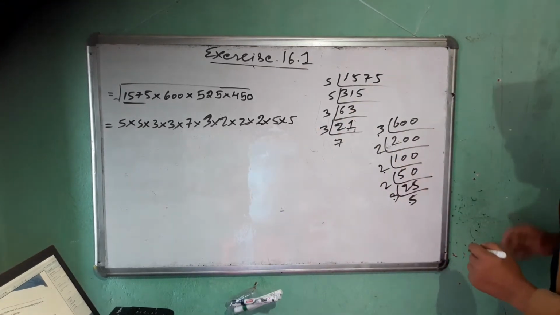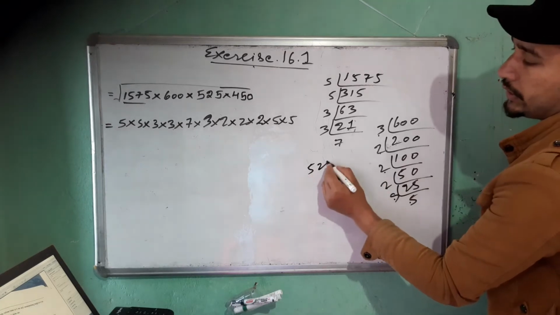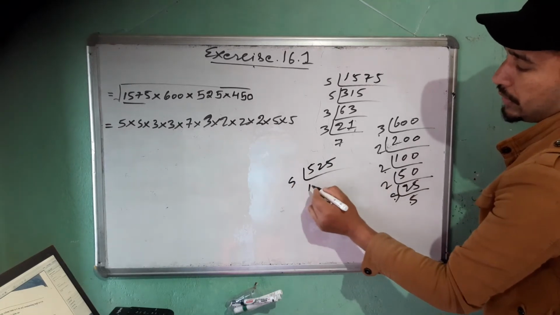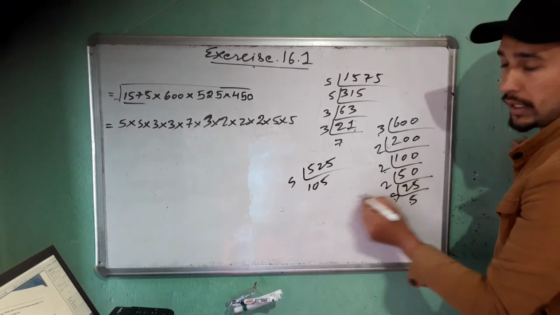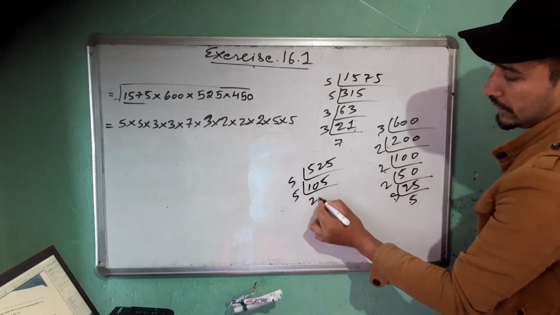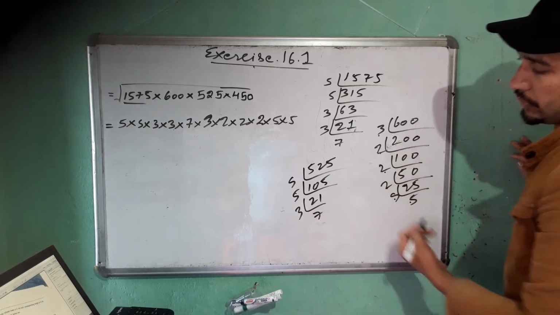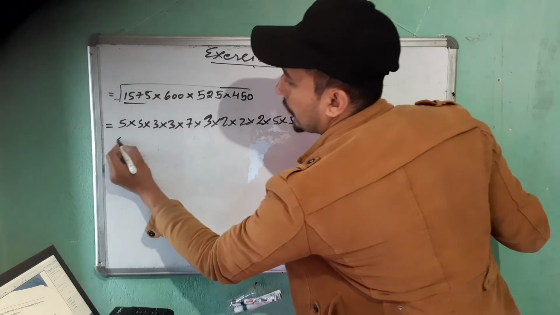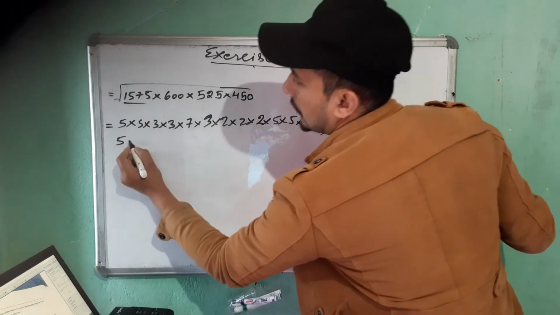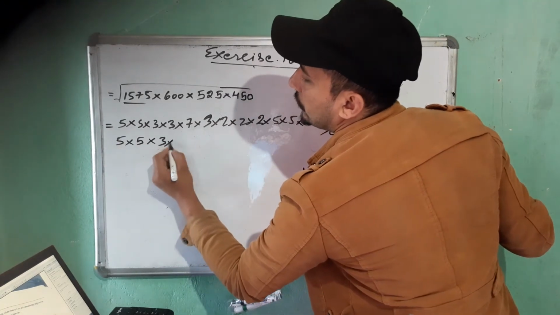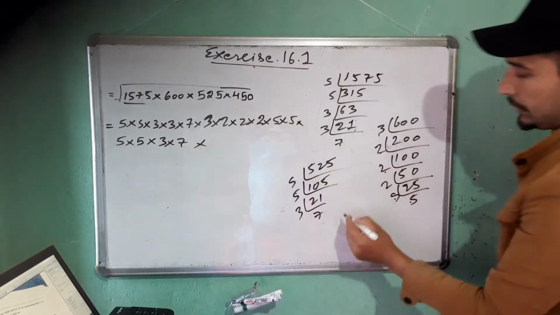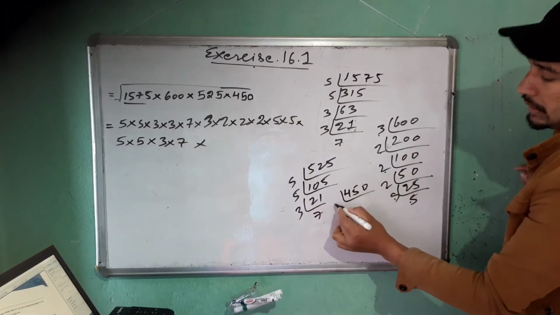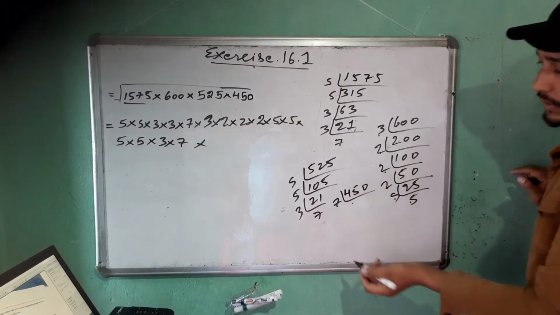Now next 525. 5 1s are 5, 0s are 0, 5 5s are 25. 5 2s are 10, 5 1s are 5, 3 7s are 21. So 5 into 5 into 3 into 7. Next 450: 7, we factorize with prime numbers.